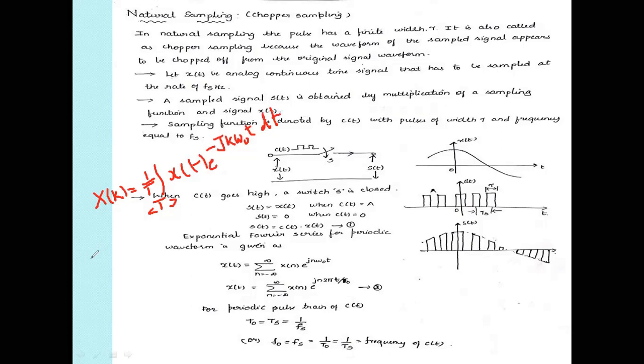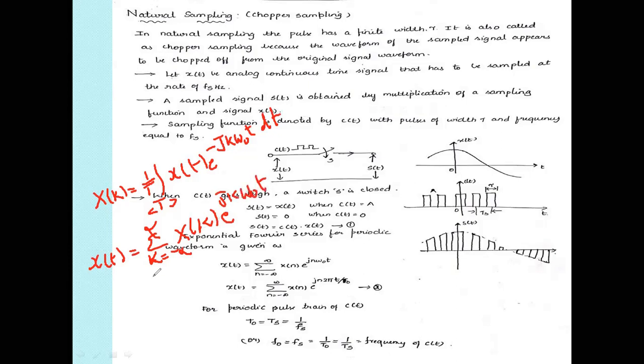This is the analysis equation, and the synthesis equation is x of t equal to the sum of k equal to minus infinity to infinity, x of k into e power, here the negative exponential, now the positive exponential, j k omega naught t.